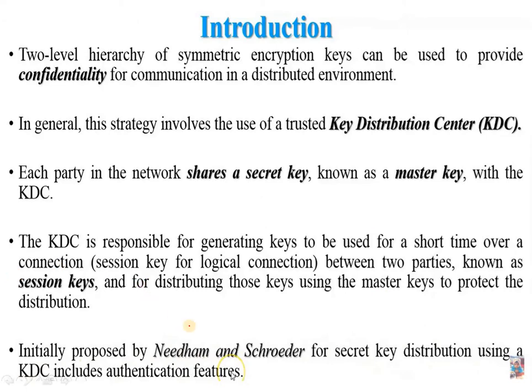Initially, this method was proposed by Needham and Schroeder. These are the researchers who proposed this method for secret key distribution using a KDC, which includes an authentication feature. Using the Needham and Schroeder model, we can include authentication features in the KDC.